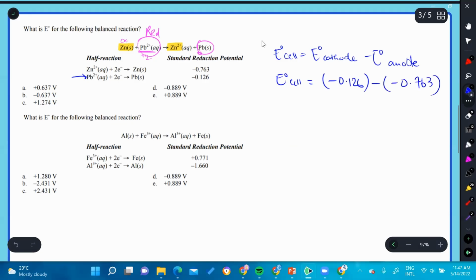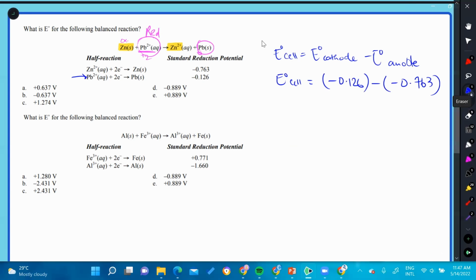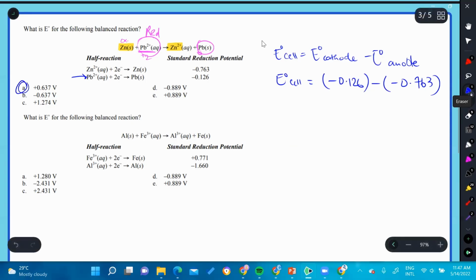So if you put that in your calculator, you should get the answer. So minus 0.126 minus 0.763. My calculator is telling me positive 0.637. So the answer is A, right?